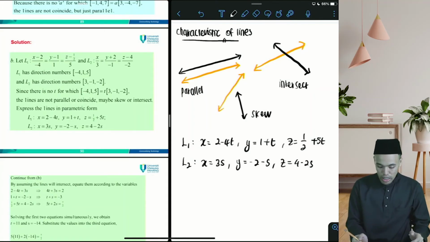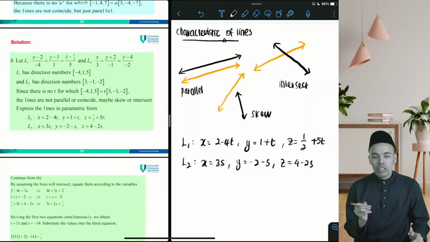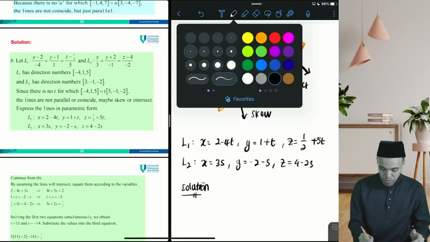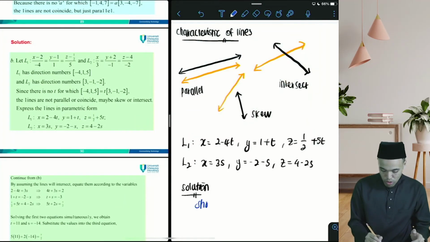In this case, you have to compare the vectors parallel to the lines. Let me write it one by one as we discuss the solution to question B. You have to show that line L1 is parallel to line L2.